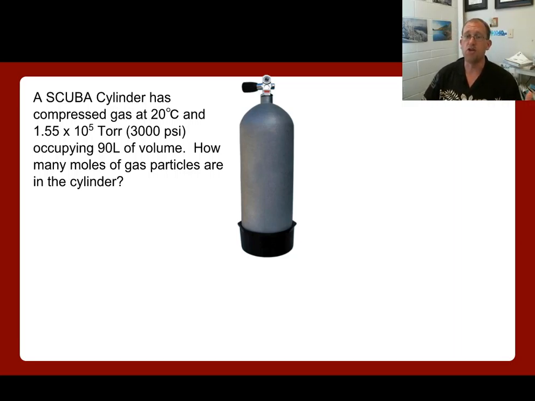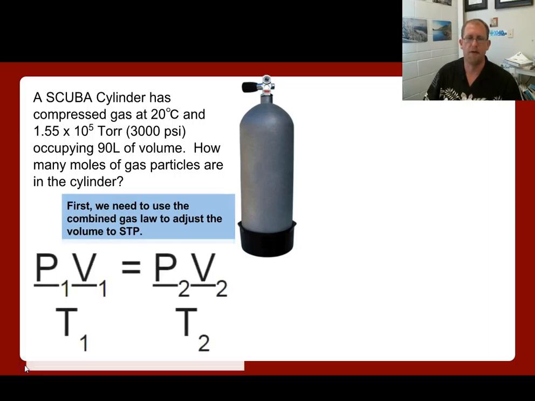Well, I need to adjust those extreme conditions. 10 to the 5th torr is a lot of pressure. I need to let that go out to standard atmospheric pressure and 0 degrees Celsius and see what the volume does. So let's use the combined gas law first, okay? P1, V1, T1, P2, V2, T2. Let's put in everything we know.